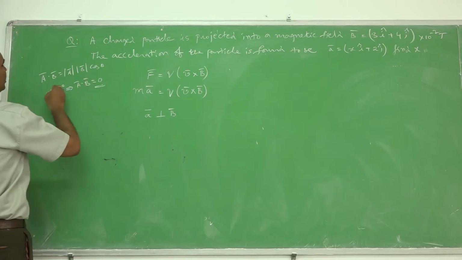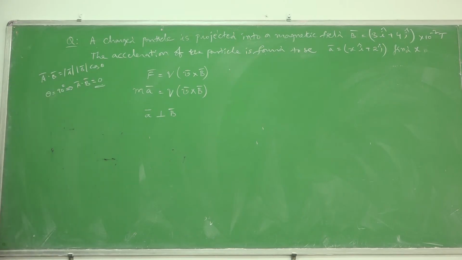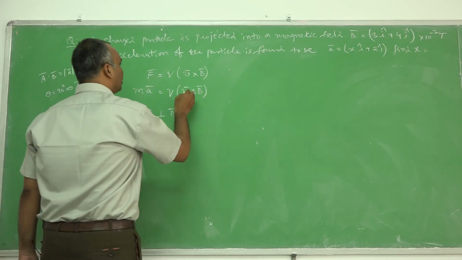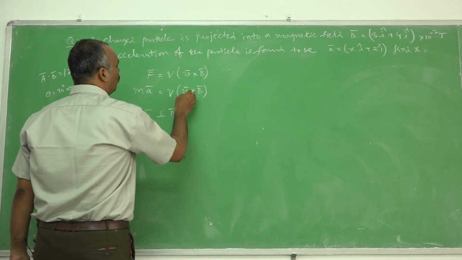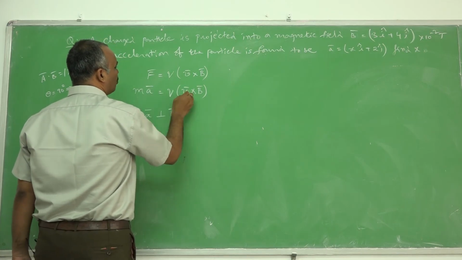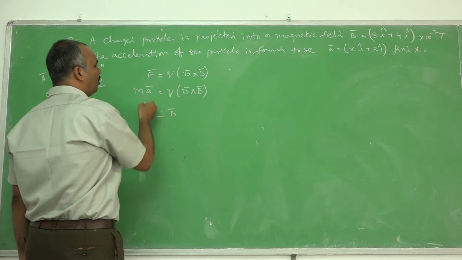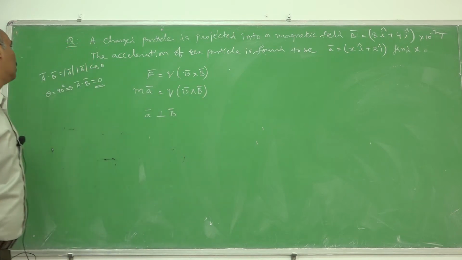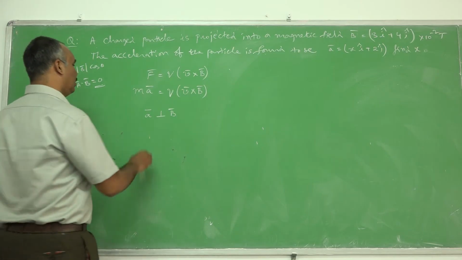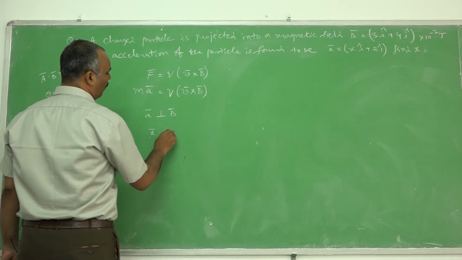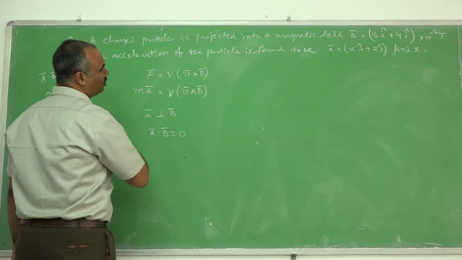Dot product being zero means those two vectors are perpendicular to each other. As we know, the direction of A bar is perpendicular to the plane containing V and B. You can say that A bar is perpendicular to B bar. We conclude that A bar dot B bar must be 0.